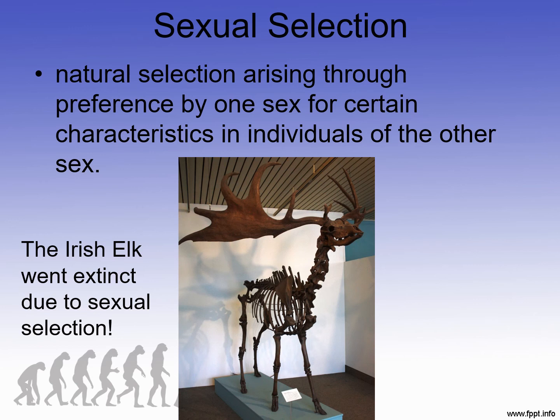The Irish elk went extinct due to sexual selection because females began preferring males that had larger and larger horns, and the competition between males became fiercer and fiercer, which drove subsequent generations to be born with larger and larger horns. These became cumbersome, and in a lot of cases individuals became locked together when they would ram each other in competition, and they would both end up dying.